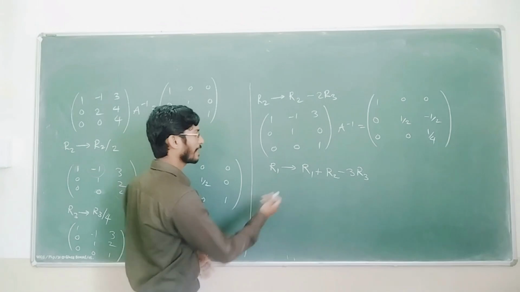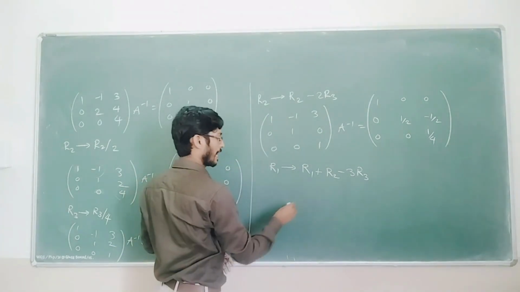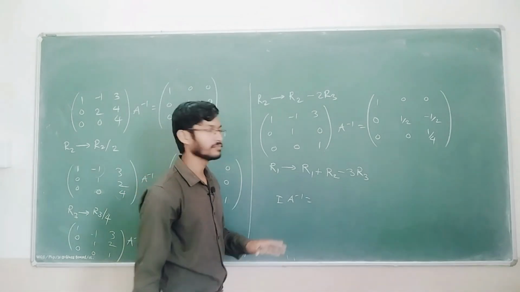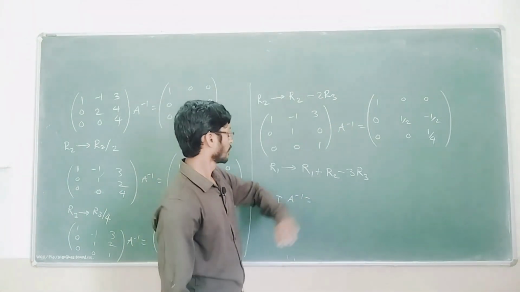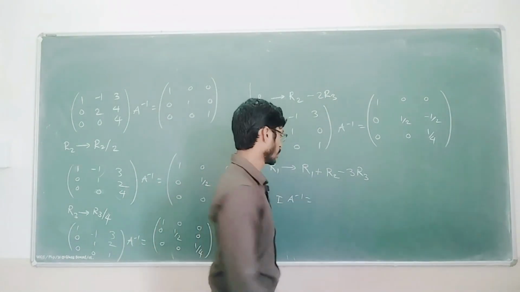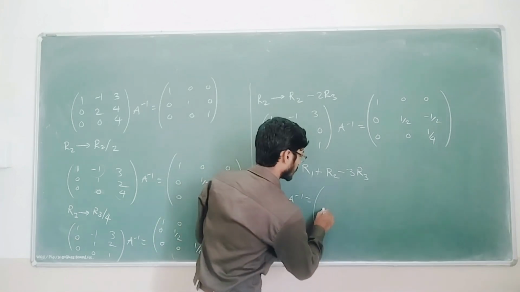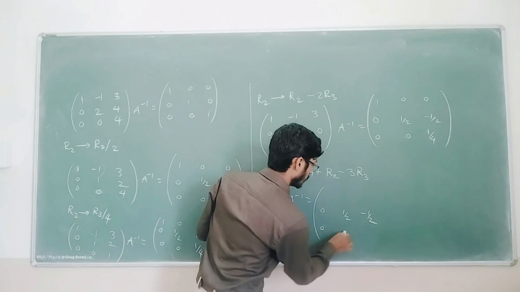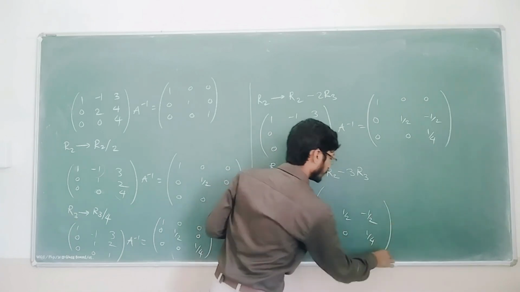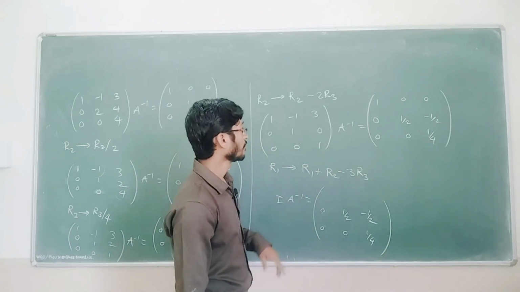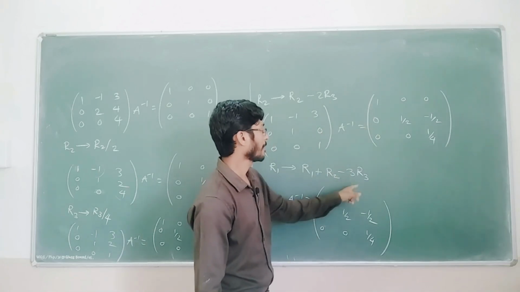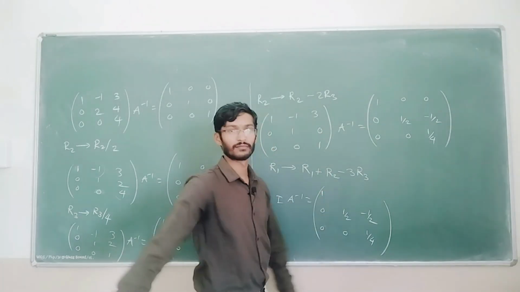Okay, so if I do this, here I will get I is equal. So we have to change the first row. I will keep the second and third row as it is: 0 half minus half, 0 0 1 by 4. What we have to do? We have to do 1 plus 0 minus 0. So this will become 1.